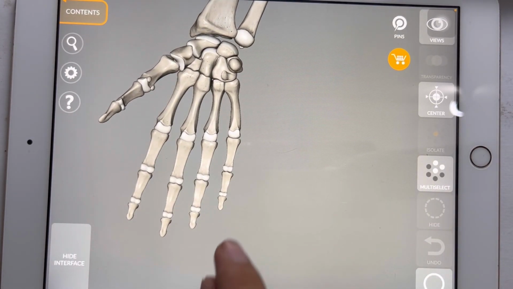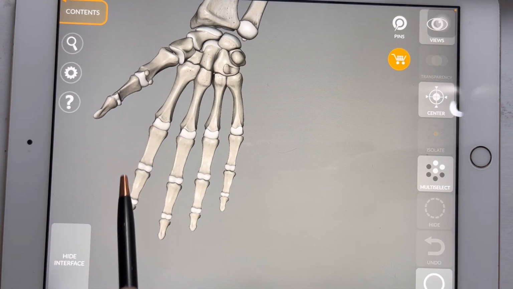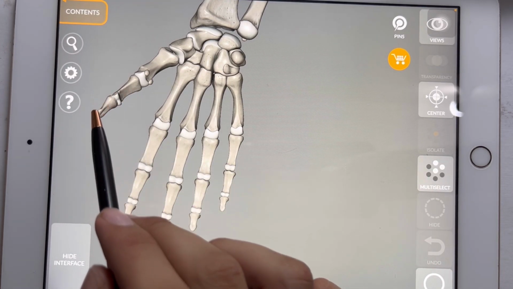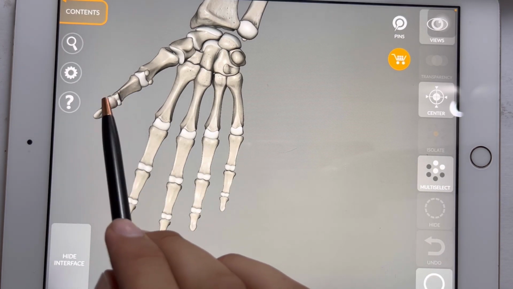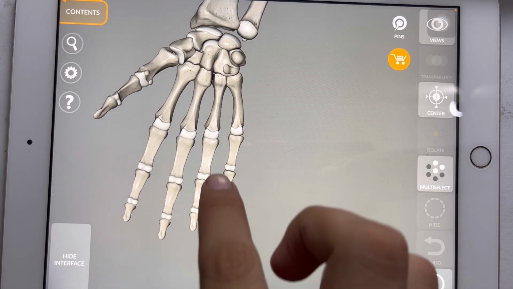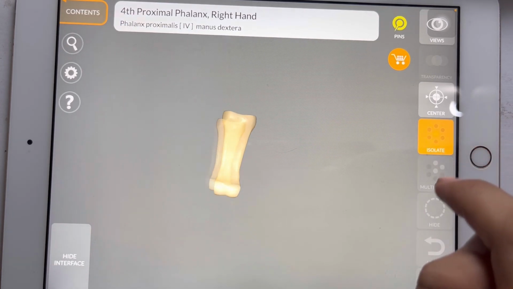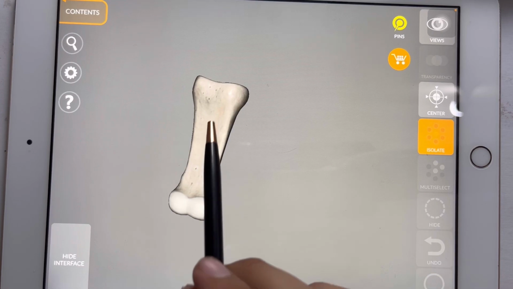Now student, moving toward the phalanges of the hand. Student, the phalanges of the hand form the digits as first, second, third, fourth and fifth: thumb, index finger, middle finger, ring finger and the little finger. Now student, the shape or the bony feature of the phalanges is the same as the metacarpal bone.